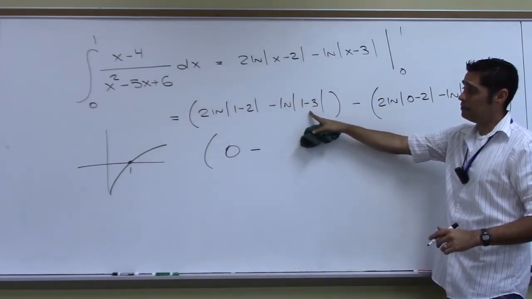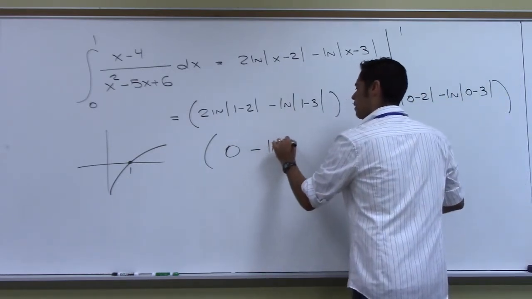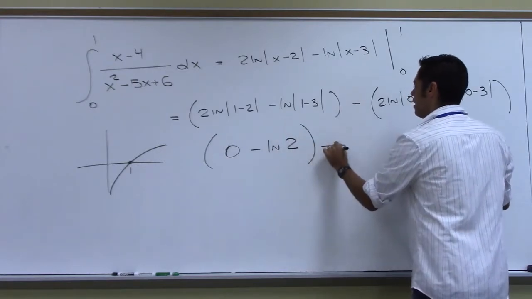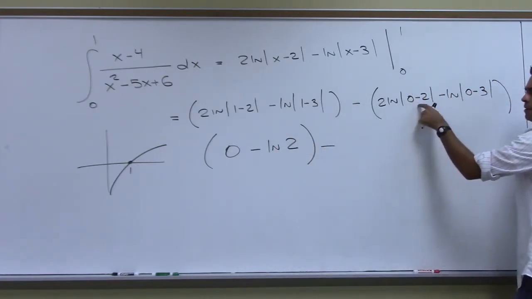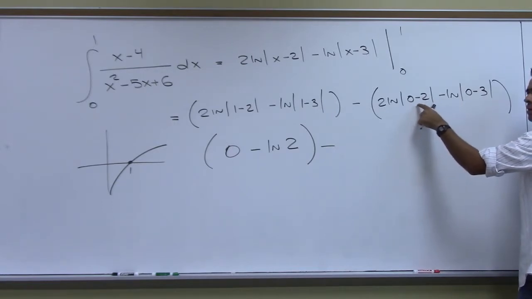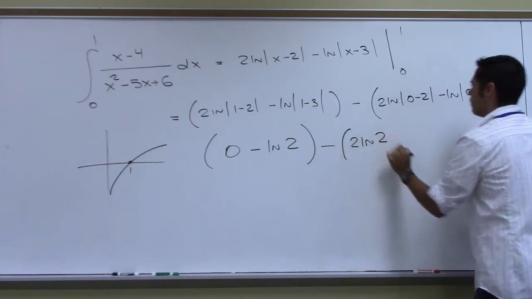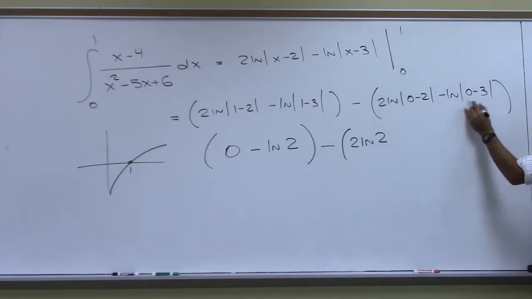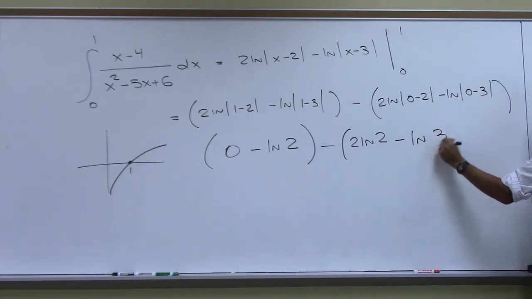Natural log of 2, right? Minus, over here, this is what? 2 again, right? So 2 natural log 2. And then right here, minus natural log 3.